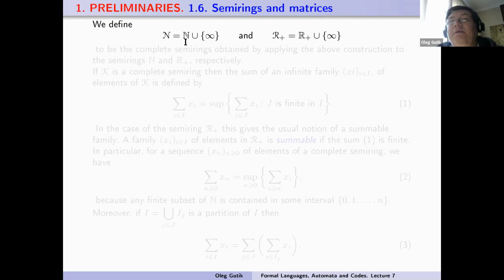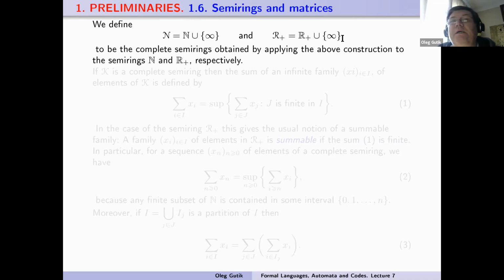italic N is the set of natural numbers union infinity, and italic R with star is the set of positive real numbers with infinity, to be complete semirings, obtained by applying the above construction to the semirings N and R plus respectively.